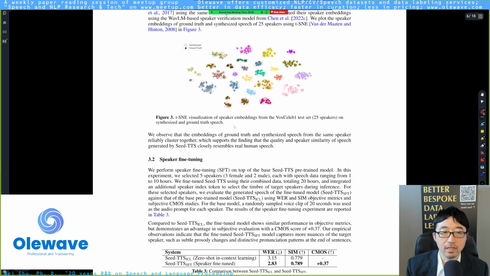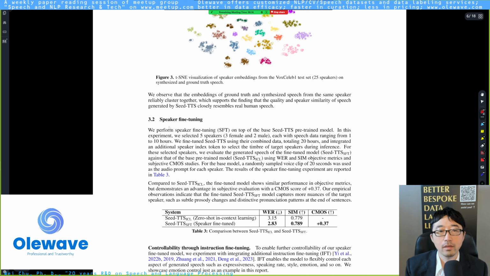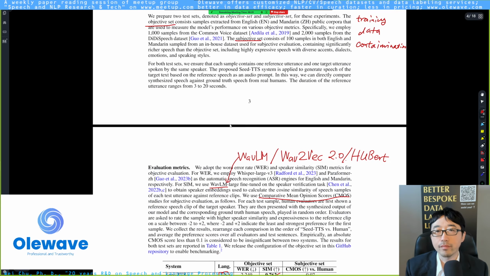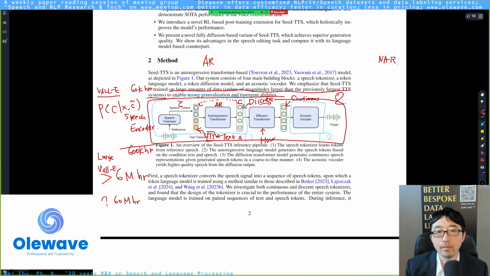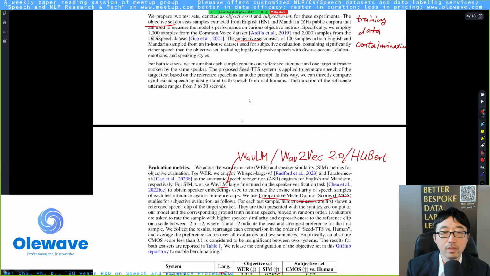And this is section 3.2, their second part, speaker fine-tuning of their algorithm. Of course, there's no real algorithm. It's very straightforward, right? It's still this model, but you can see in this one, all you have to do is, yes, I think they roughly mention what they do.